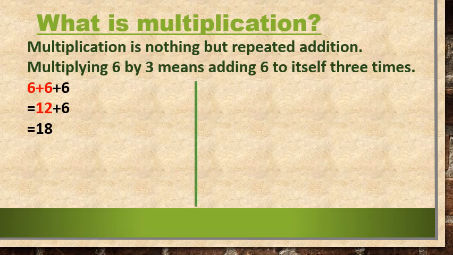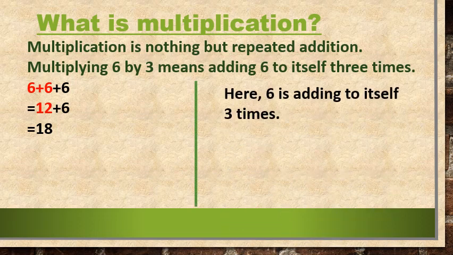Here, 6 is adding to itself 3 times. That means we can write it like 6 into 3, where 3 denotes 3 times. Alright? And 6 into 3 gives us 18. Okay girls, understood?